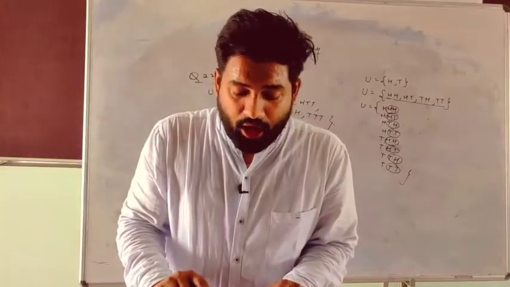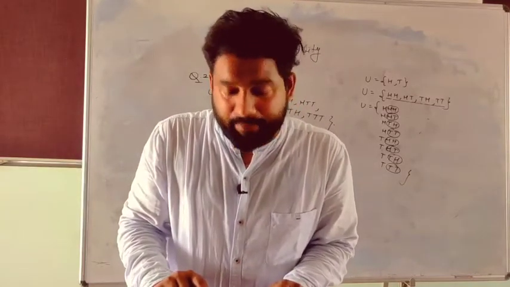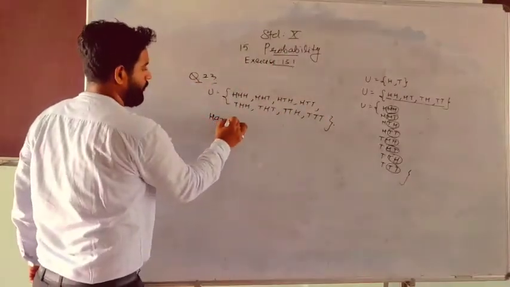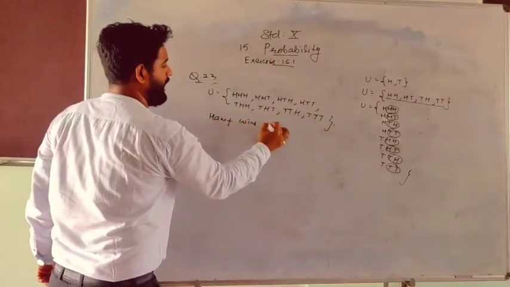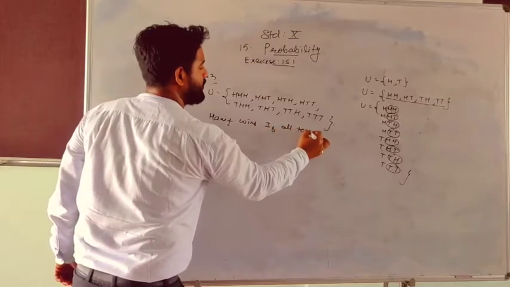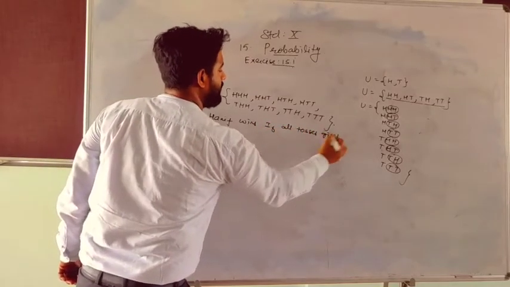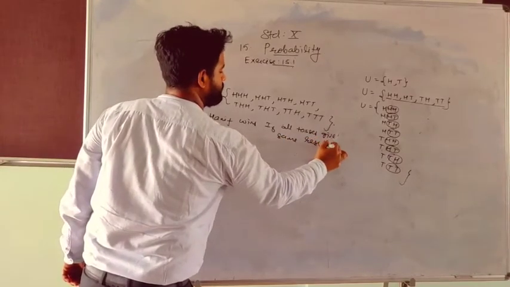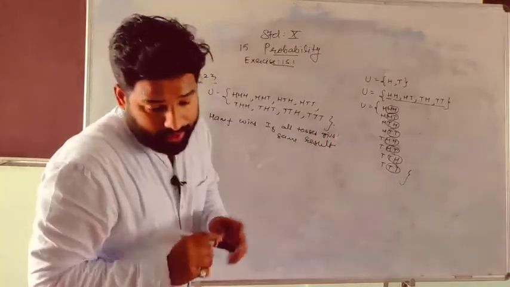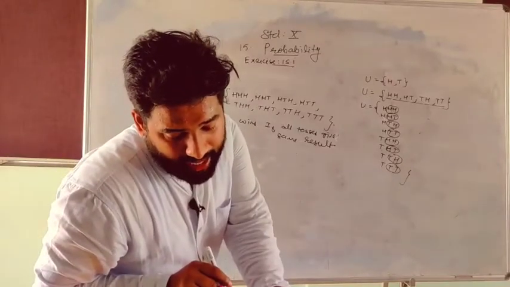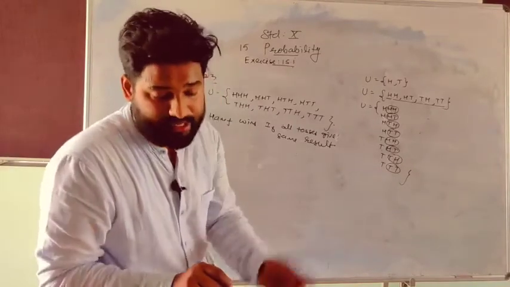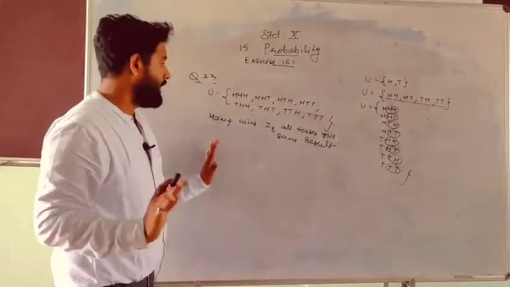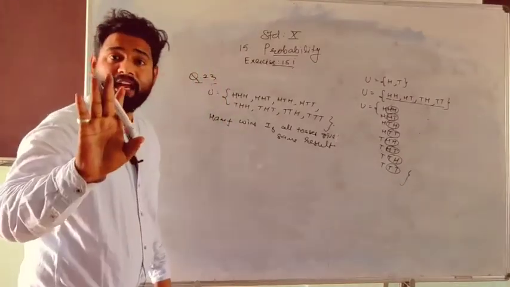Hanif wins if all the tosses give the same result, that is 3 heads or 3 tails, and loses otherwise. Calculate the probability that Hanif will lose the game.